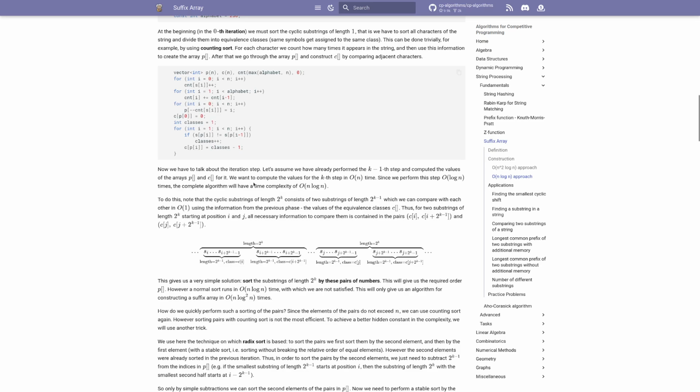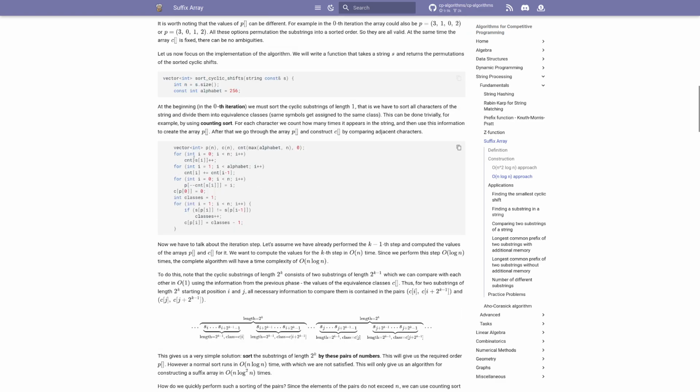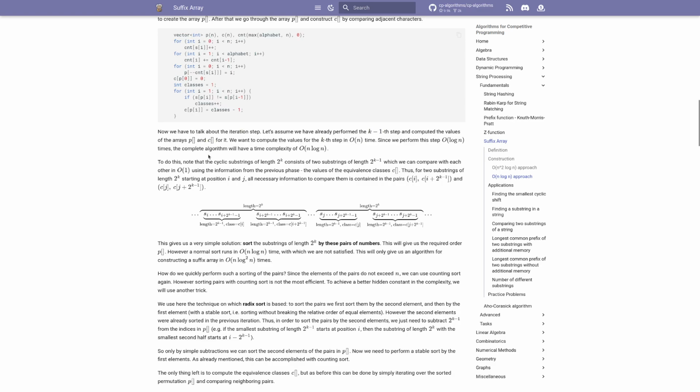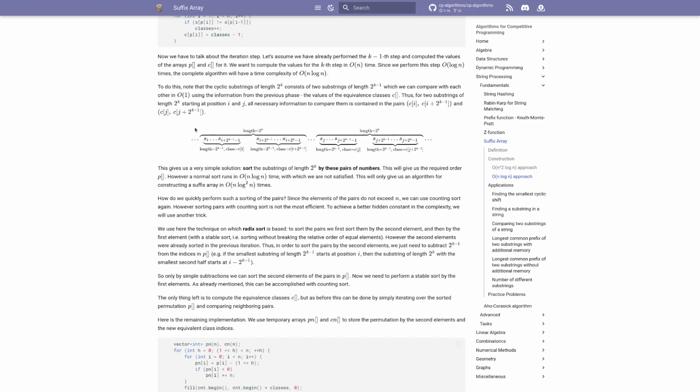That's the permutation, and C is the class. So the counts, you make them cumulative, and then what the hell, minus count s_i is equal to i. What the hell, bruh? And then the class of the first element is 0, and then class increases, so that's just count sort by the first character. But what are the pairs? So these are the pairs, fair enough, but we already sorted by... okay, maybe not.